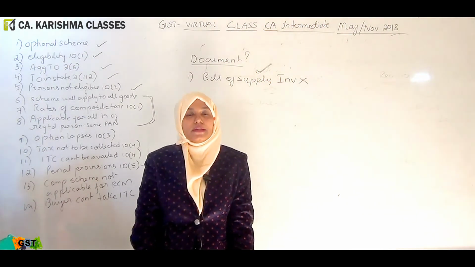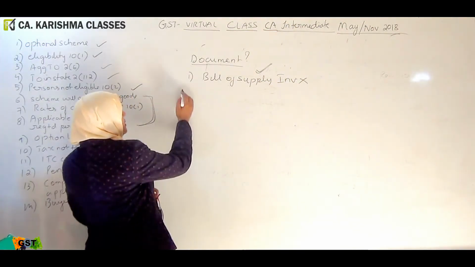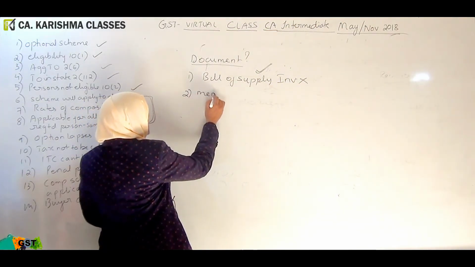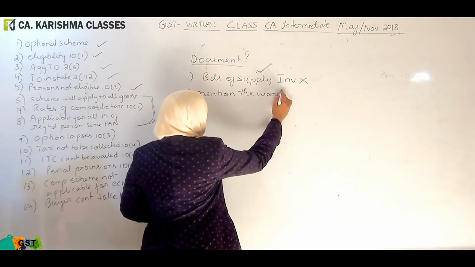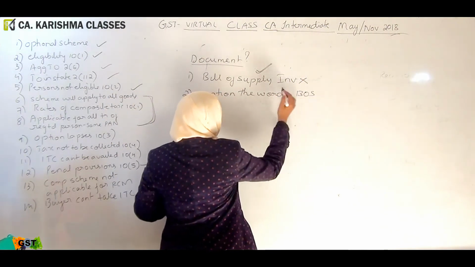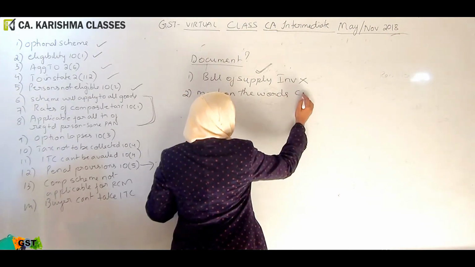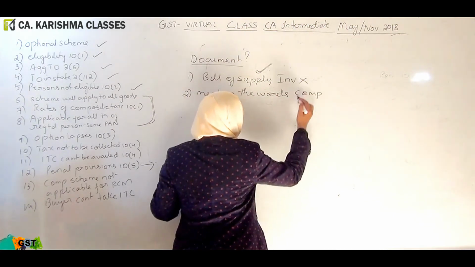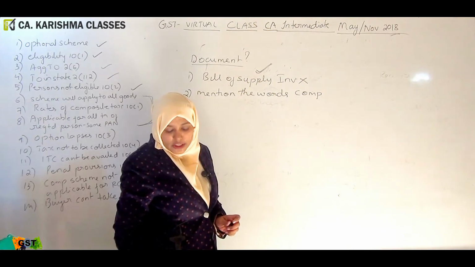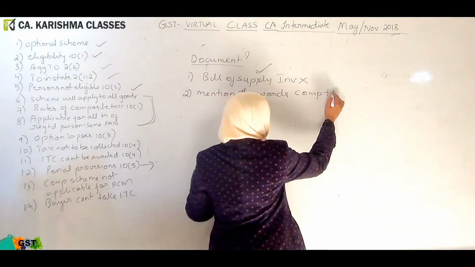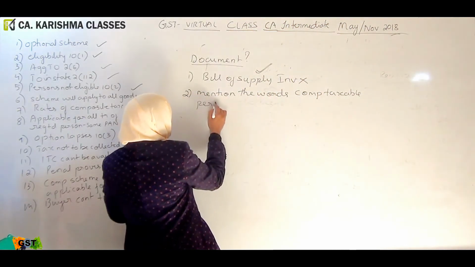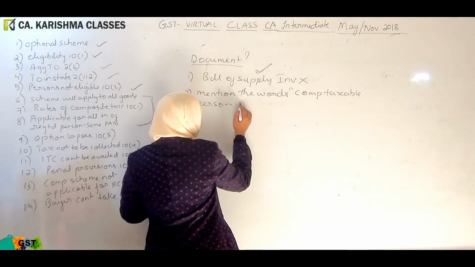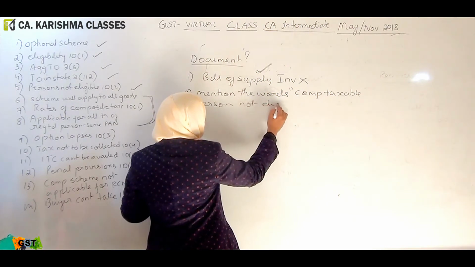Second important point, they are insisting that you should mention the words bill of supply, the words composition supplier, you should be mentioning composition taxable person, further not eligible to collect taxes.